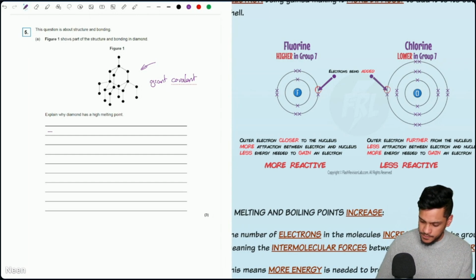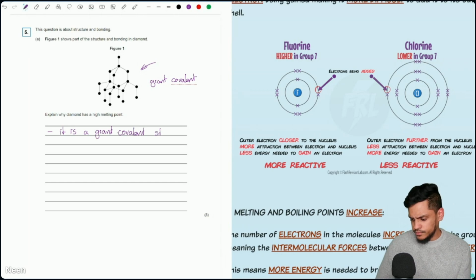So 1 mark to say it is a giant covalent structure.